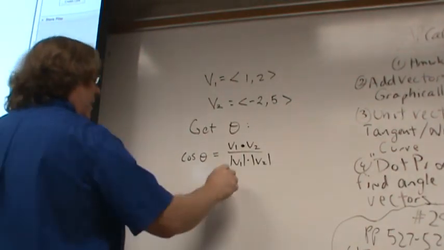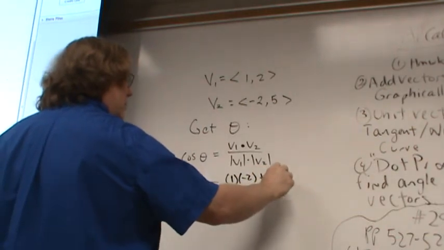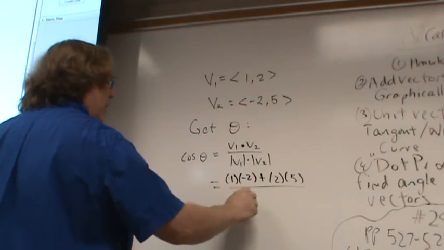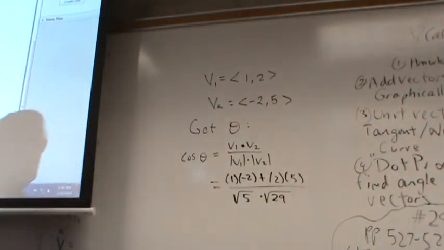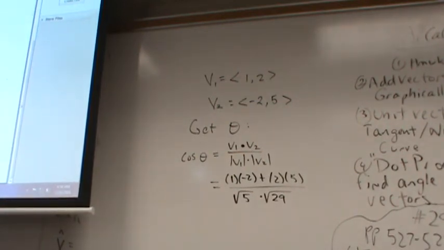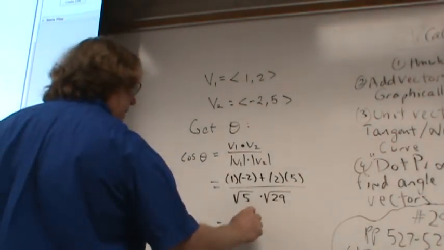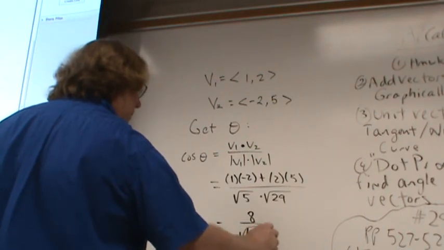So this will be 1 times -2 plus 2 times 5, over radical 5 times radical 29. The magnitude of v1 is radical 1 squared plus 2 squared, which is radical 5. So I end up with 8 over radical 145.